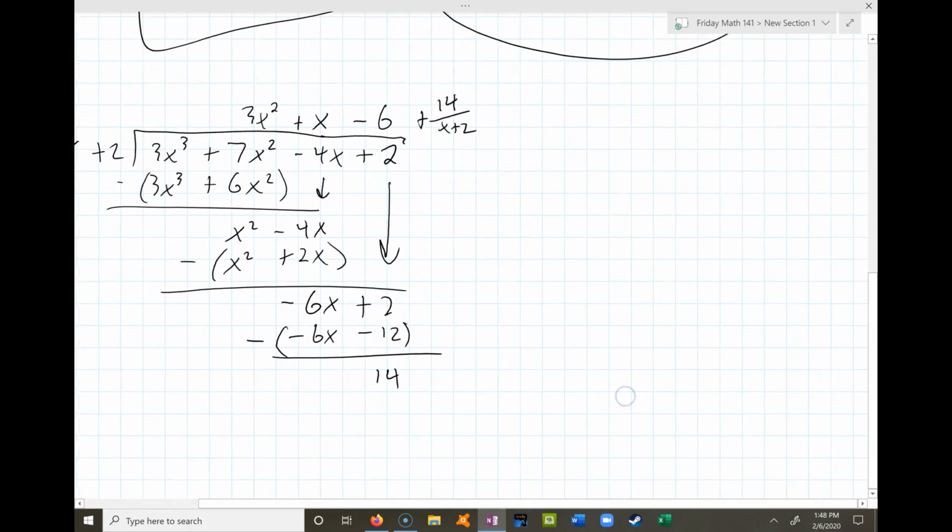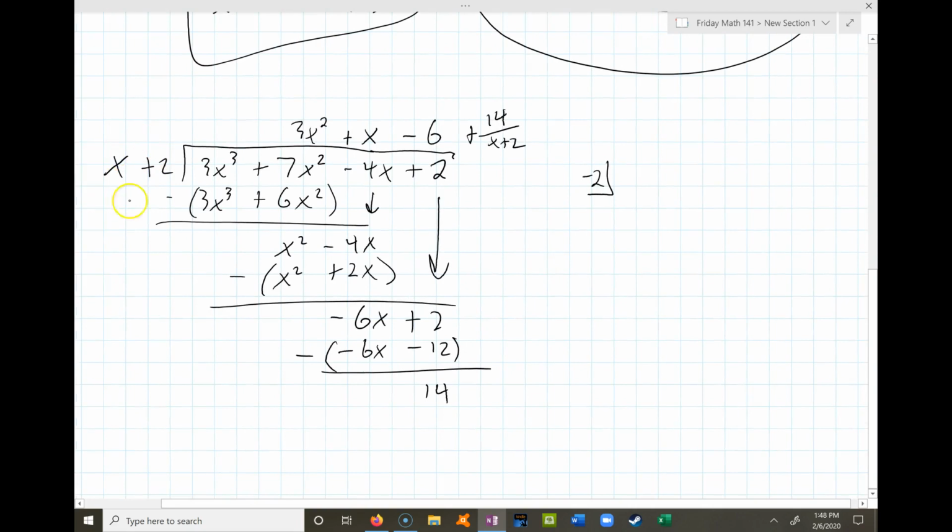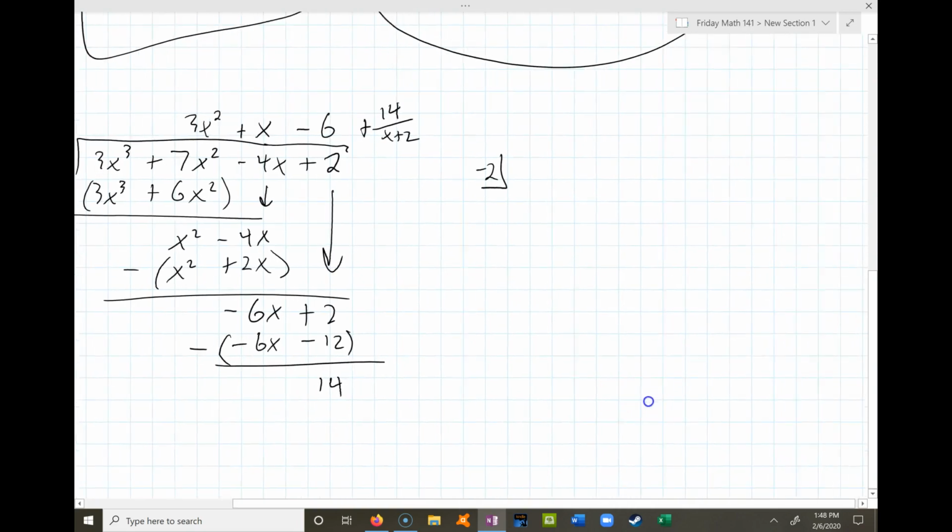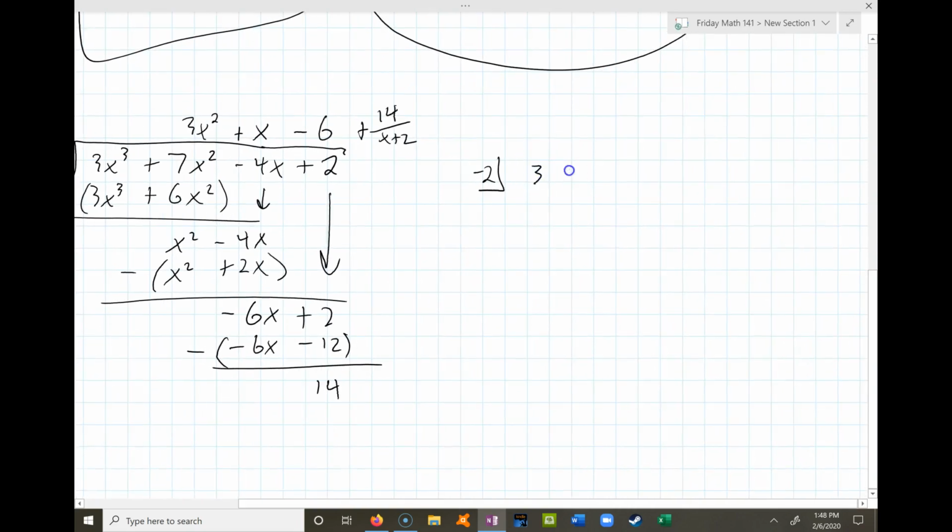Now if we do the same thing as synthetic division, because this is x plus 2, I put negative 2 in the box, because negative 2, when I replace with x here, will make that factor 0. Then I'm going to put a 3, a 7, a negative 4, and a 2. Notice I didn't have to put any zeros in, because this already has x cubed, x squared, x, and no x, so that has all the powers in line.